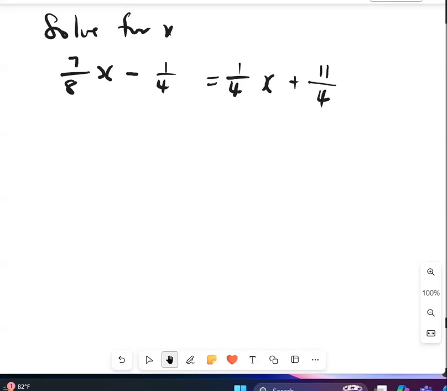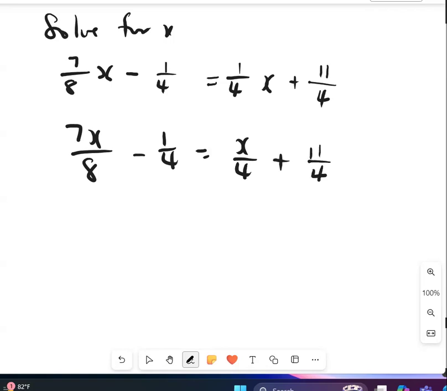What people would usually do is put the x on top. So you have 7x over 8 minus a quarter equal to x over 4 plus 11 over 4.